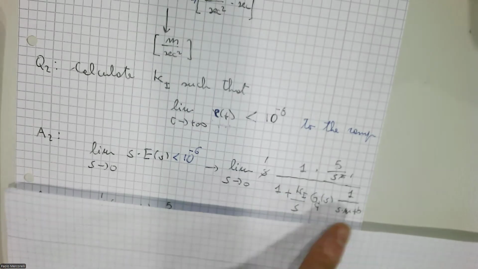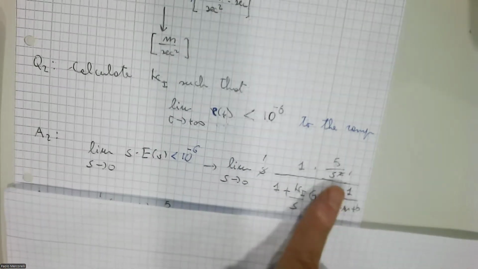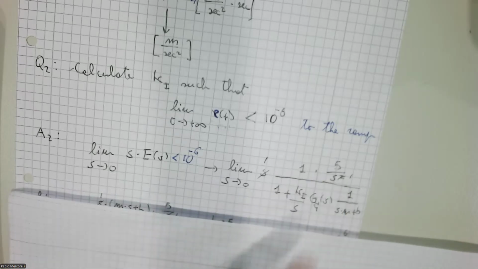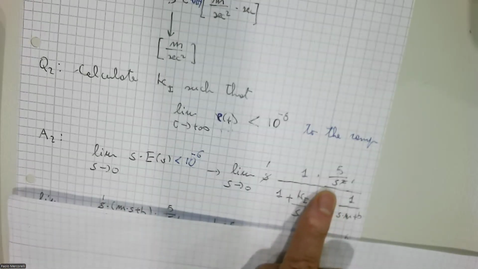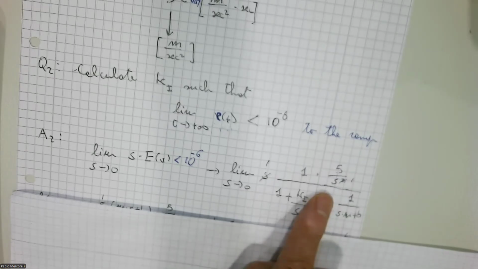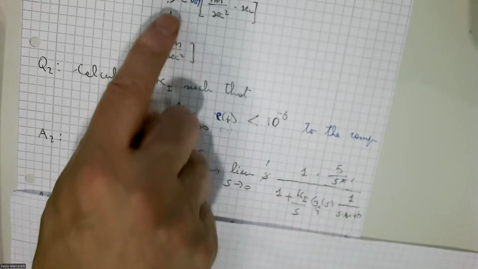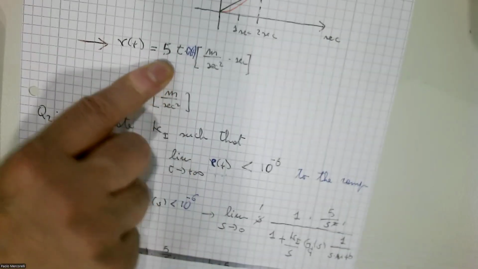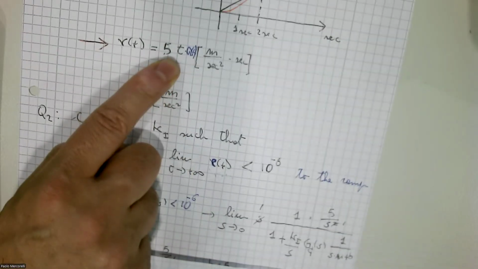No? S and S we have seen before, but why am I writing here S squared, phi divided by S squared? You can also find this in the data sheet because the Laplace transform of a ramp is 1 divided by S squared.